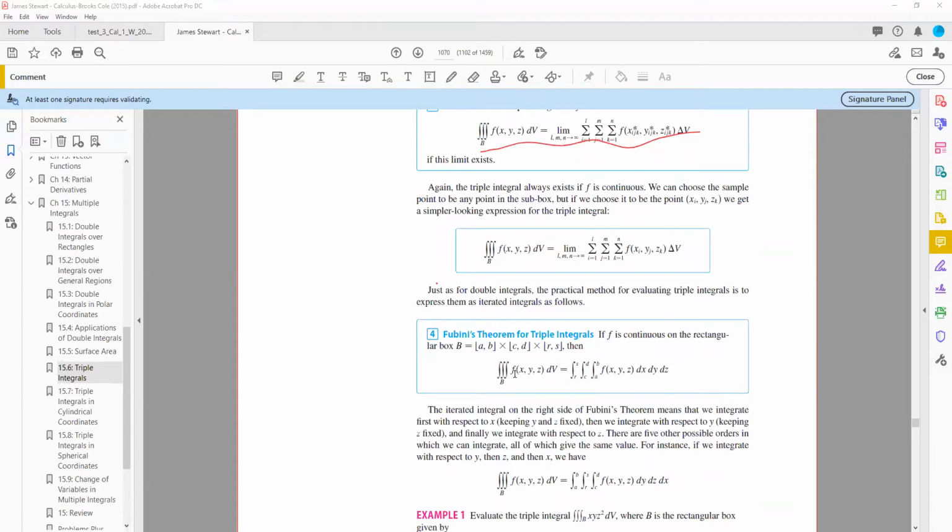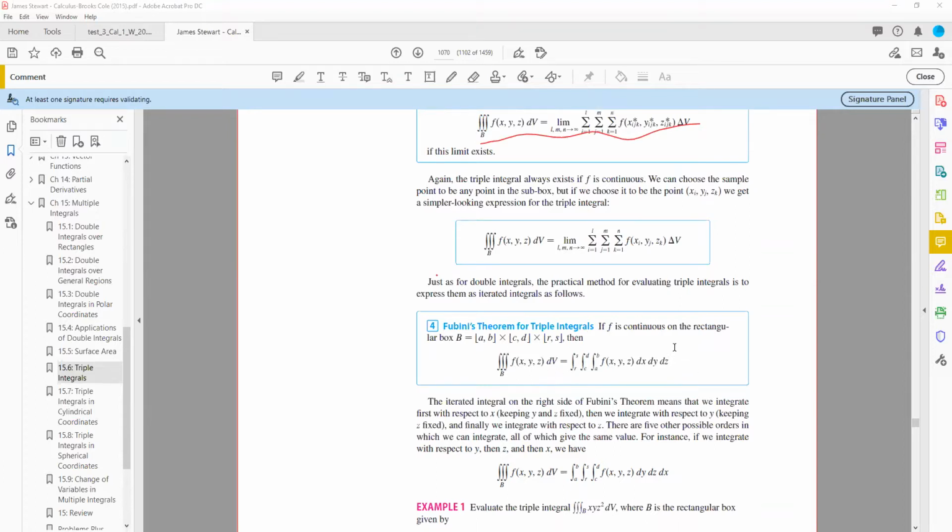The triple integral of the function defined in x, y, and z over dV is evaluated in such a way that when I integrate with respect to x, I treat y and z as constants. When I integrate with respect to y, I treat x and z as constants. And when I integrate with respect to z, I treat x and y as constants, okay?